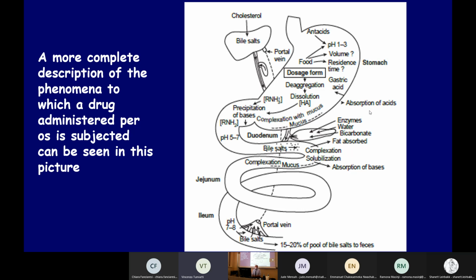First of all, in the stomach, acids are absorbed because at low pH we have the uncharged form of the acidic drugs. On the contrary, you see what happens with a basic drug. It is protonated, so this type of drug is not absorbed in the stomach, but will be absorbed in the intestine, where the pH is in the range of 5 to 7.